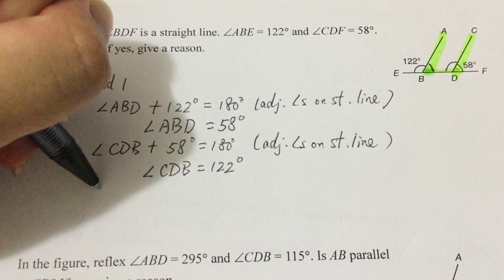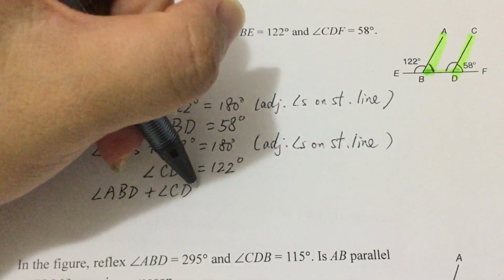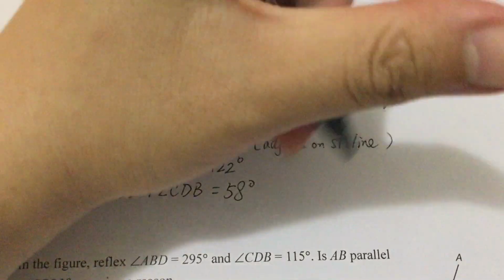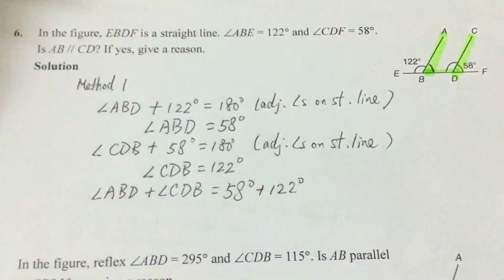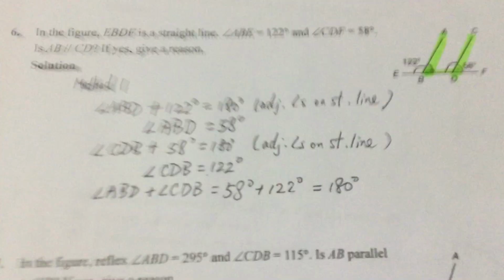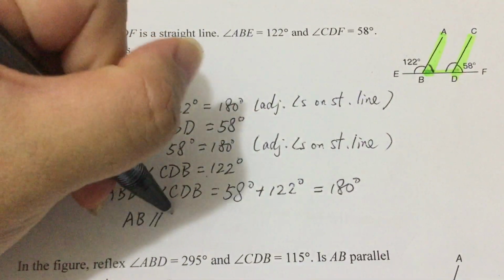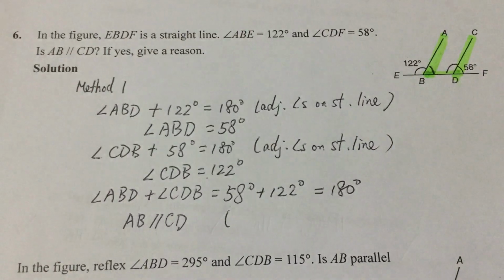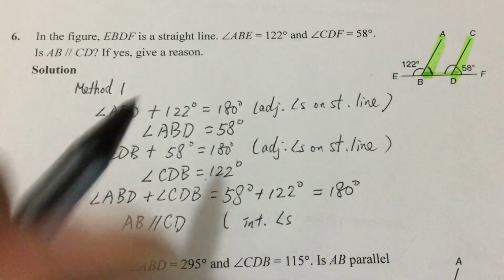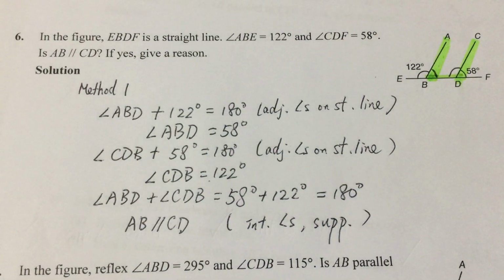So that we can say something like this, because angle ABD plus angle CDB is equal to 58 degrees plus 122 degrees. And luckily, this one is 180 degrees by calculation. So that we can say AB is parallel to CD. And the reason here is called the interior angles. But this time, they are not equal, so we will use supplementary here. Okay? So this is method 1.